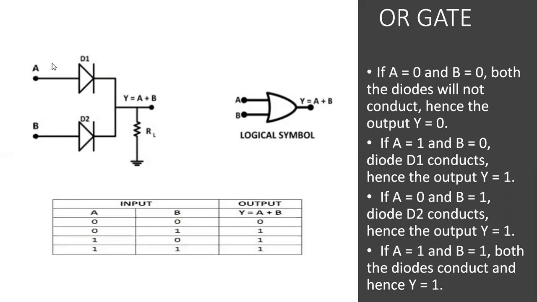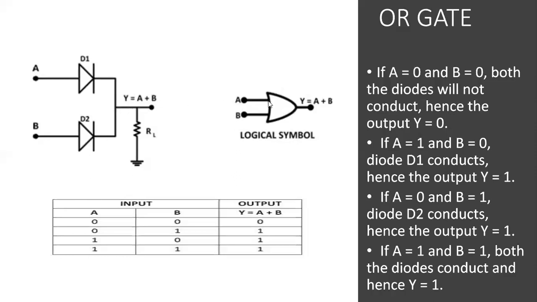If you give A 1 and B 0, then D1 conducts and the current flows through this path and the output reaches high. If both the inputs are high, both the diodes will be forward biased and come into the conduction state, which results in the output high.